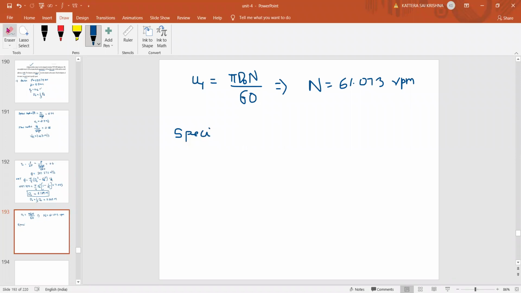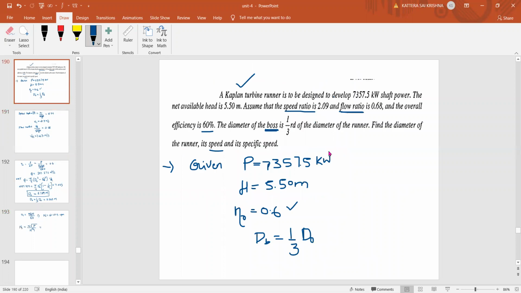Next we need to find the specific speed. Ns equals N root P by H power 5 by 4. The N value is there, and the power he has given in the question is 7357.5 kilowatt.